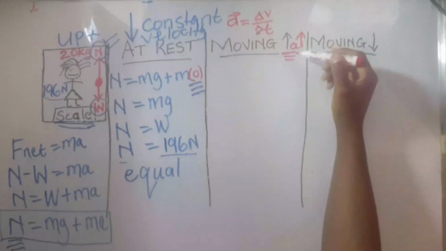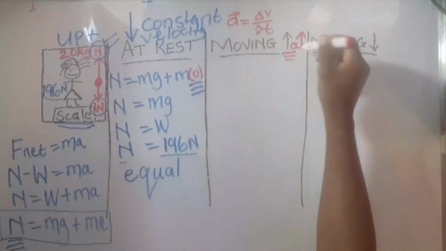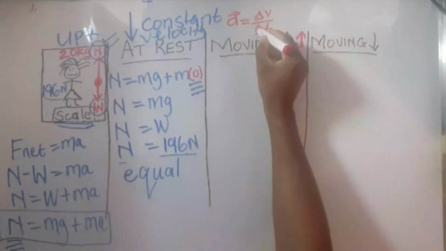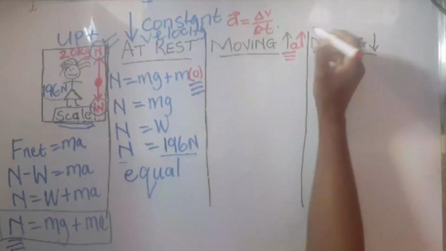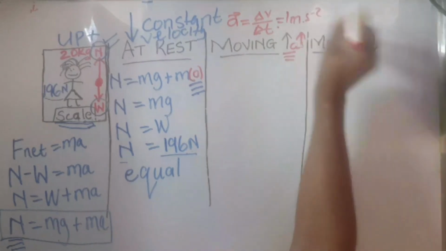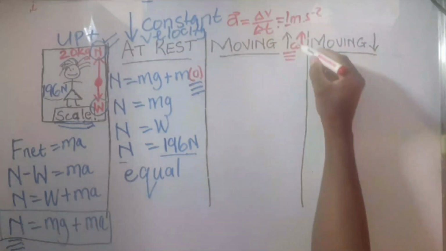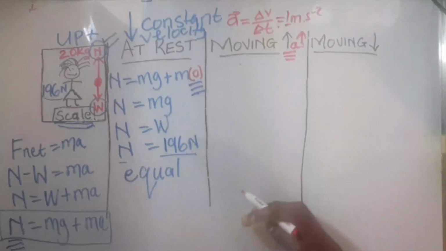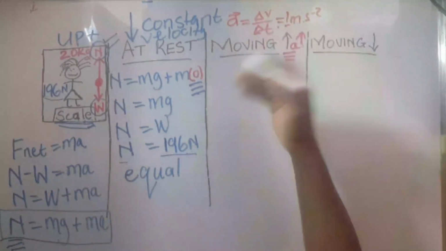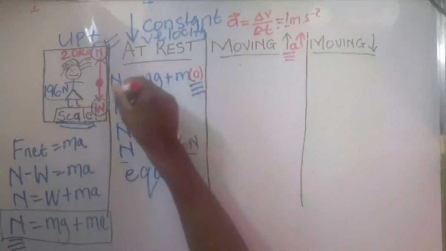So if a lift is accelerating upwards, it is gaining speed per second. Let's say in this case, it's gaining a speed of 1 meter per second squared. The acceleration is 1 meter per second squared. So this lift is moving up, gaining speed of 1 meter per second every second.